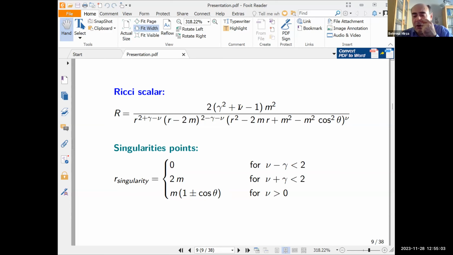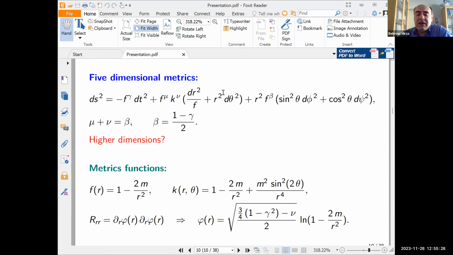If we put nu equal to 1 minus gamma to the power of 2, then this Ricci scalar becomes 0, and we have, again, the gamma metric. Gamma metric is a special case of these three-parameter metrics.